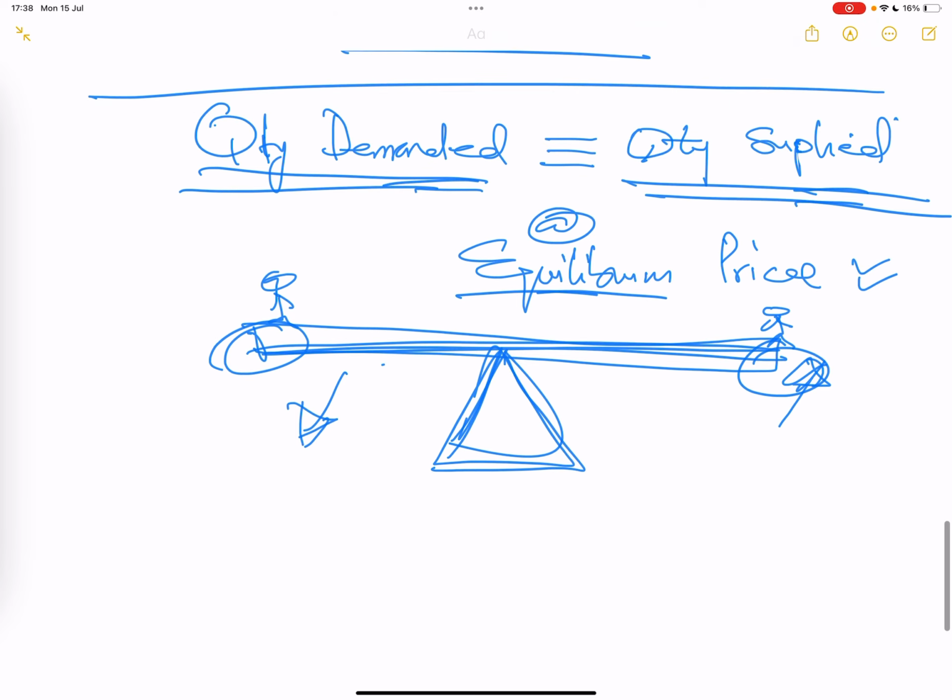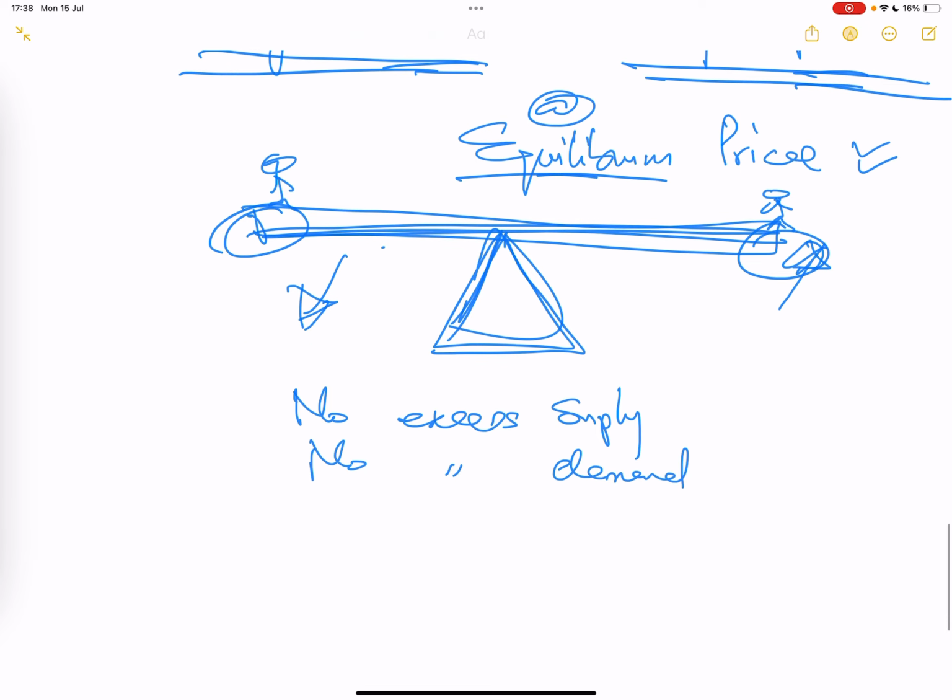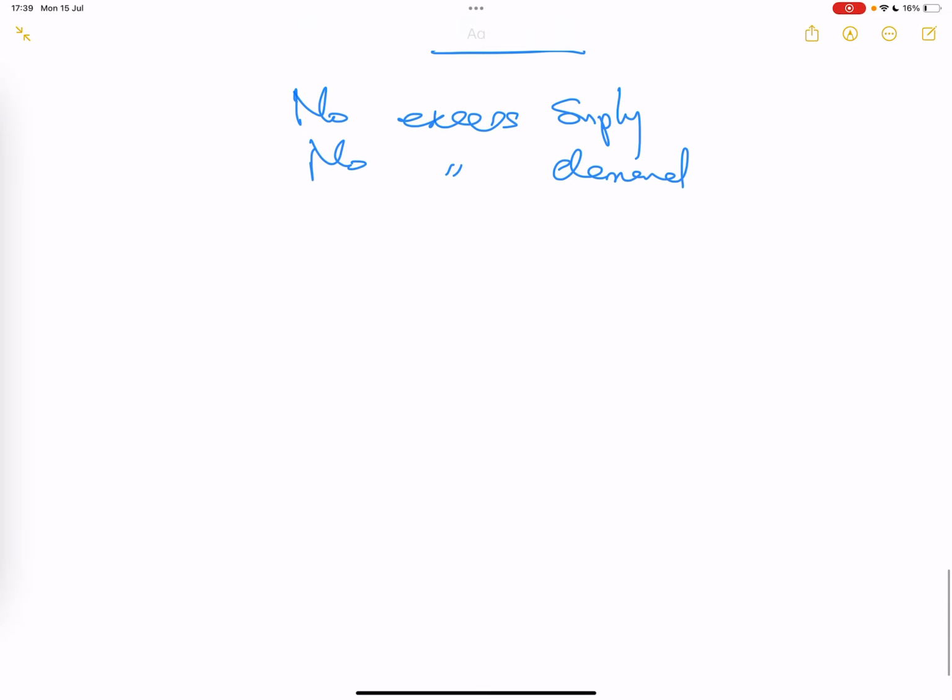And this is very important for you to know. Because at the equilibrium price there is no excess supply, there is no excess demand. The market is cleared out. And if you look at the supply graph, we always have price on the y-axis and quantity here.